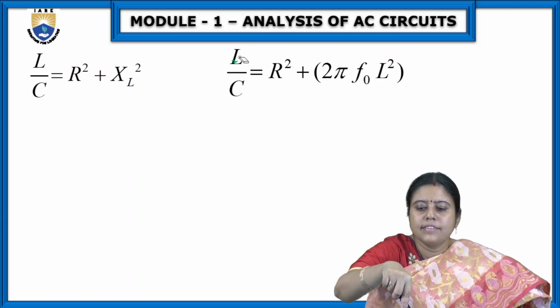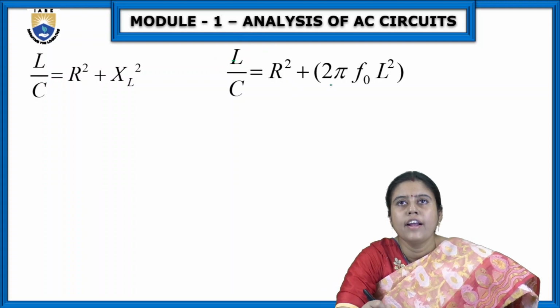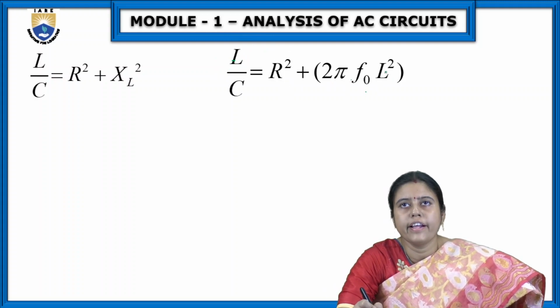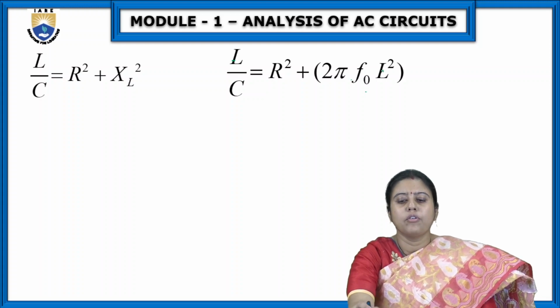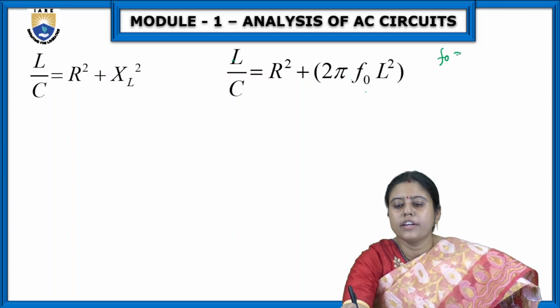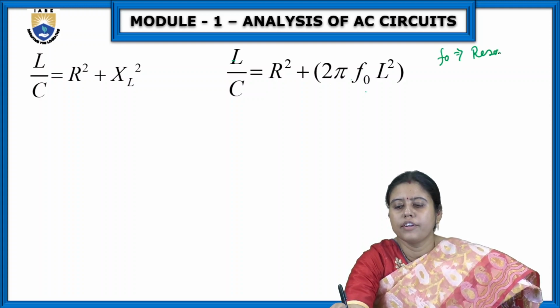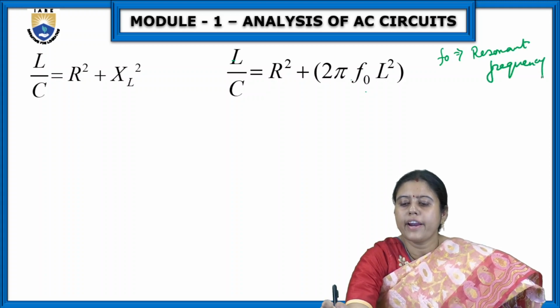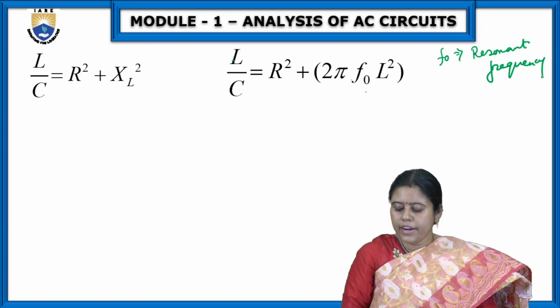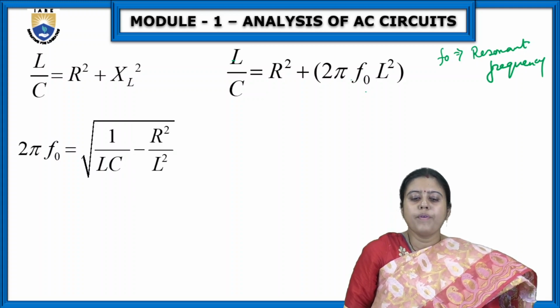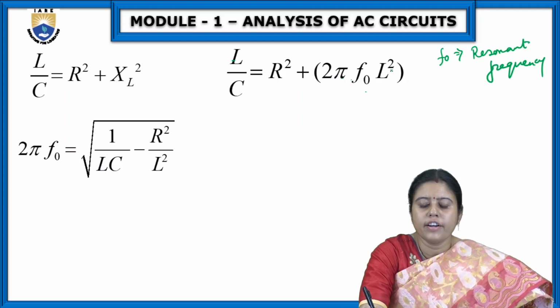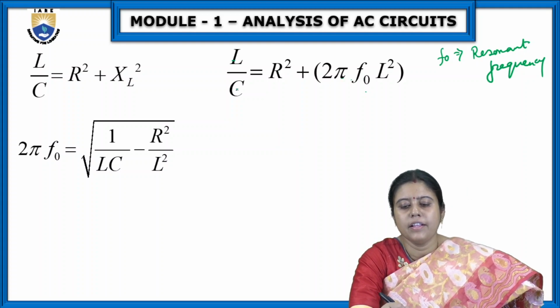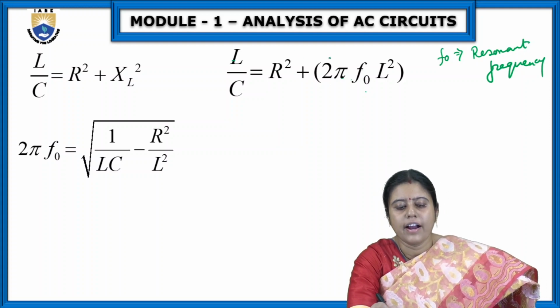So L by C is equal to R square plus (2 pi F naught L) square, because we are thinking about F naught, which is nothing but the resonant frequency. We are calculating it for the resonant frequency. So (2 pi F naught L) square is equal to L by C minus R square.